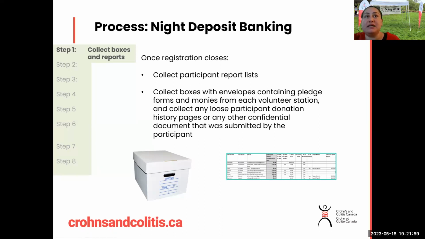And if there are any other documents with the participant information or any confidential information, please don't leave them with the registration volunteers and just collect them. You can then send everything back to us and then we will shred it if necessary. But we shouldn't leave any confidential information of the participants on the tables, like at the registration table or anything.